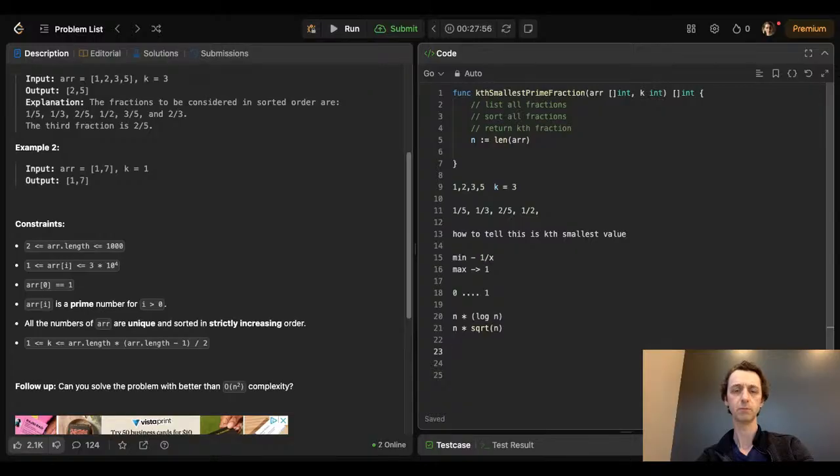Typically, 25 squared, 625. So that's 25. But if you take log n, it's like 9 something.